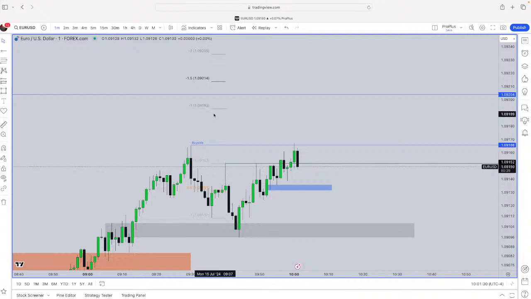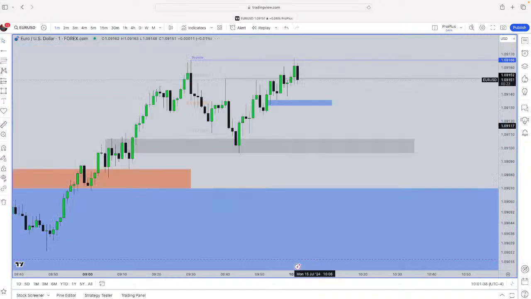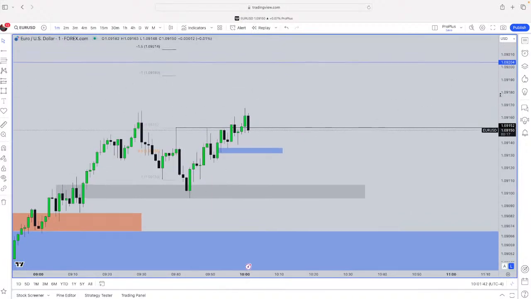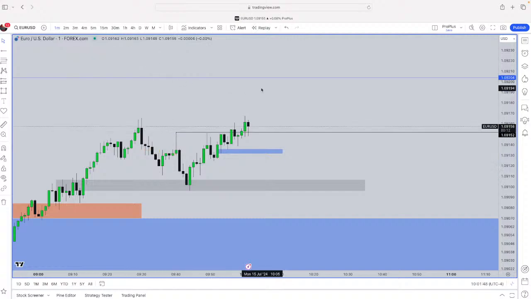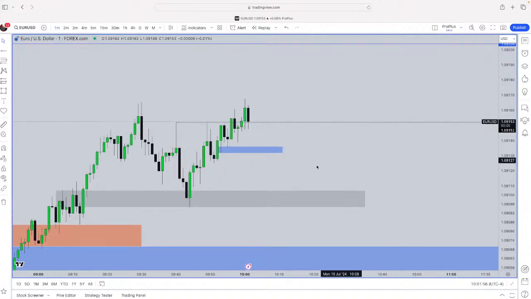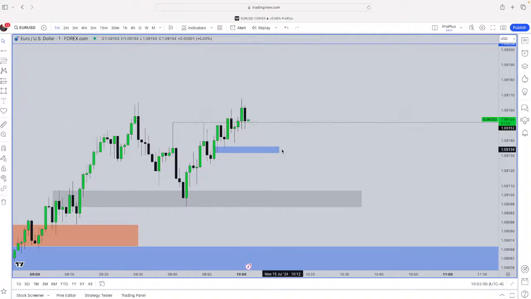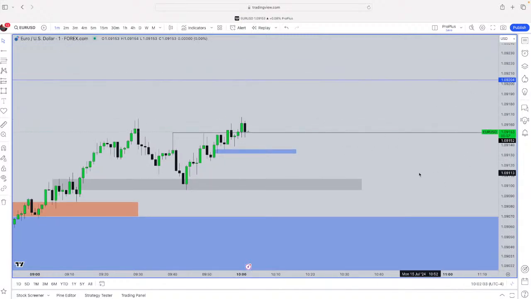This would be the same leg from here. What's the time? 10:01. Macro, silver bullet. Potentially an implied fair value gap here. Let's see if there's a silver bullet run for the buy side.